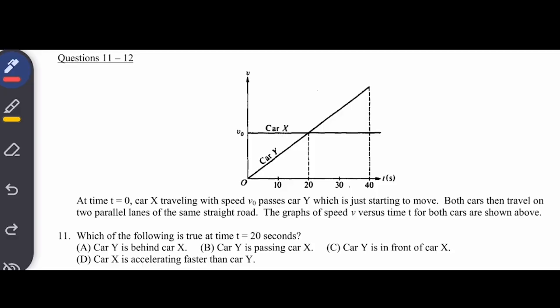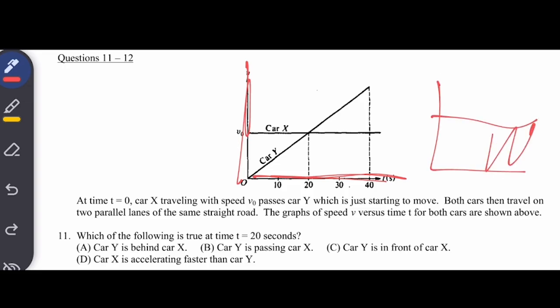So one thing I noticed first off is that all of these answer choices have something to do with position. And if we remember, guys, that the area of a velocity versus time graph, the area under that is the displacement.